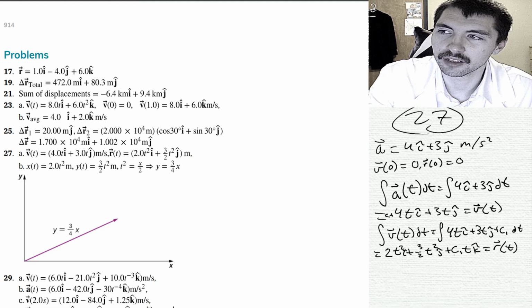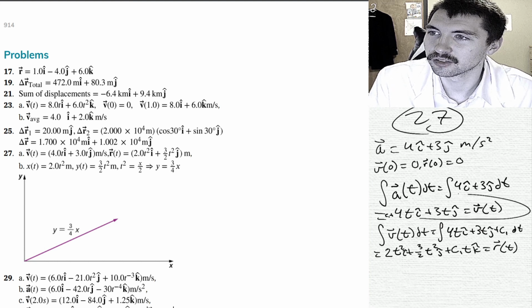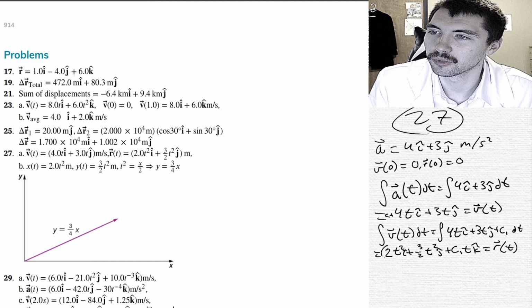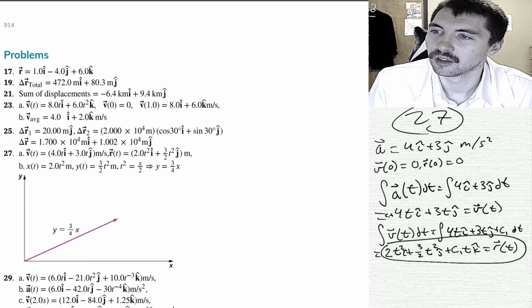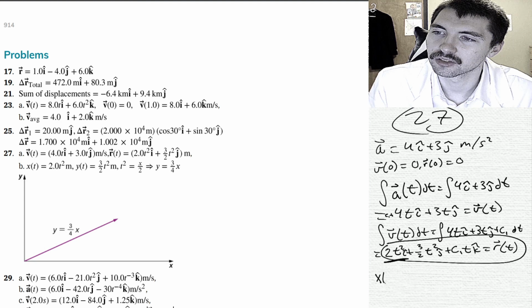Okay, I see what it's saying now. So looking at this, we would say the x. Because the vector i is a unit vector for the x-axis, we will say x of t is 2t squared.